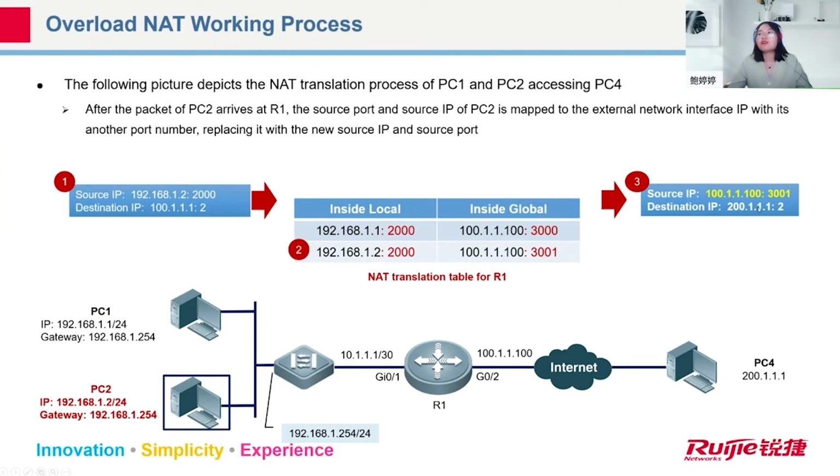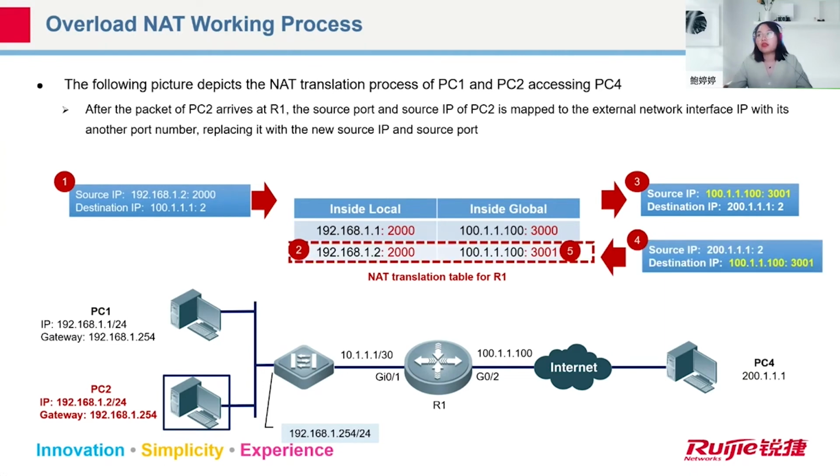So finally, the message will be sent out like this, and come back to PC2. And theoretically, we can support more than 65532 terminals, and with one public IP address we can directly visit the internet. So this is overload NAT.